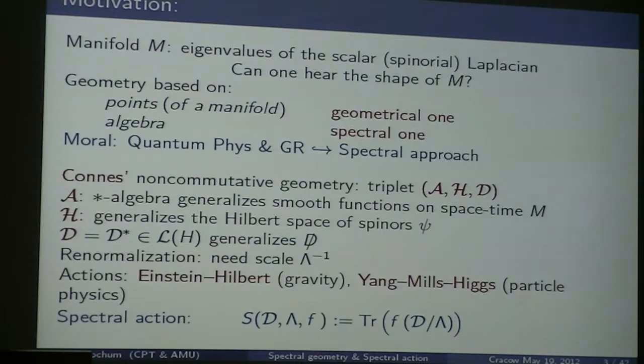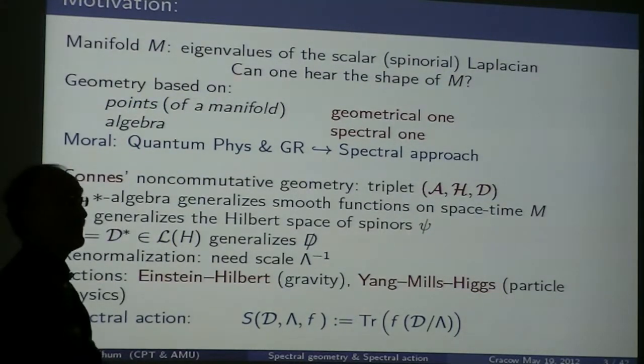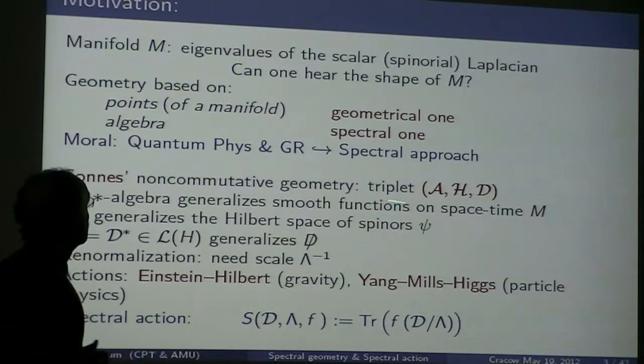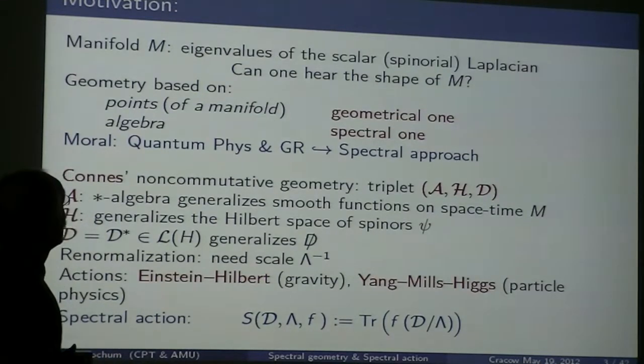The algebra is just the smooth functions on your manifold. So you have a pointwise product, so you have an algebra. And this is of course the spectral approach. So for me, there is no way in some sense to escape from that. Both the quantum world and also relativity drive you directly to this spectral approach. Okay, of course it does not kill this one, but that one is much more important.